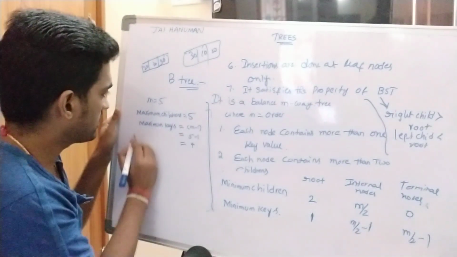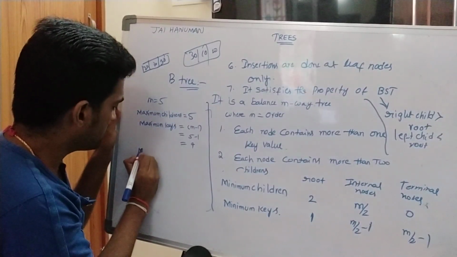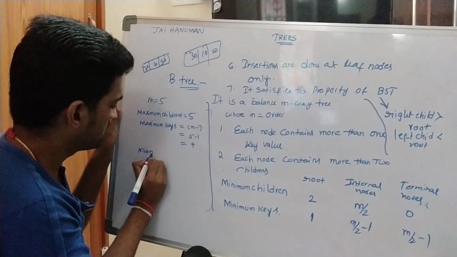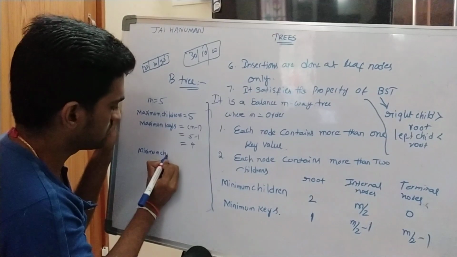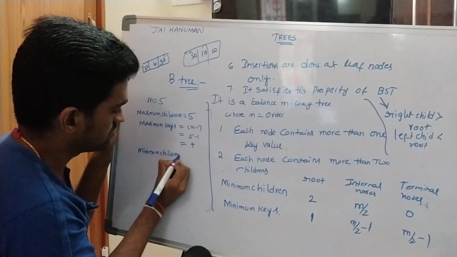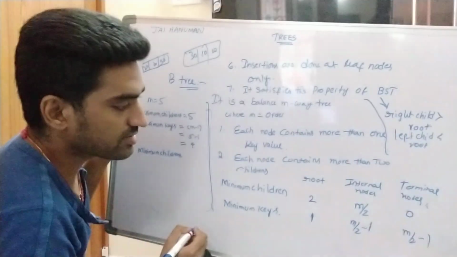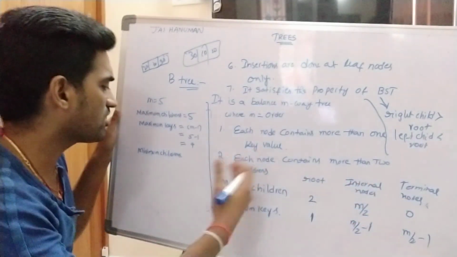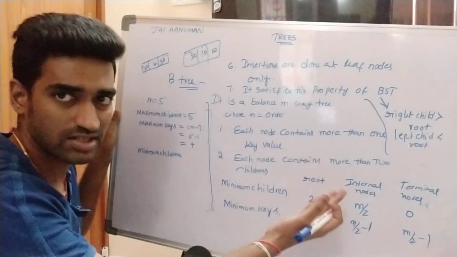Then we calculate the minimum children. The formula is m by 2. Leaf nodes obviously have 0 children, so there is no need to calculate that.